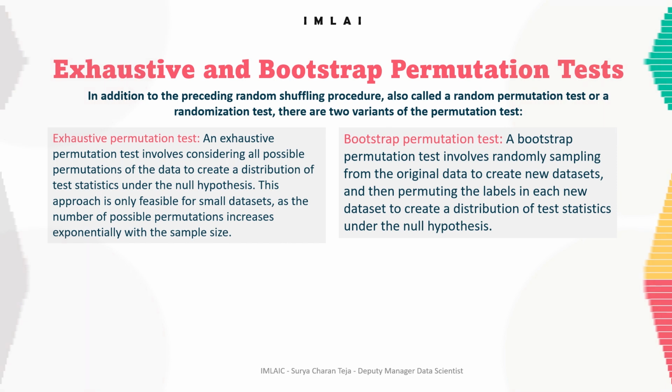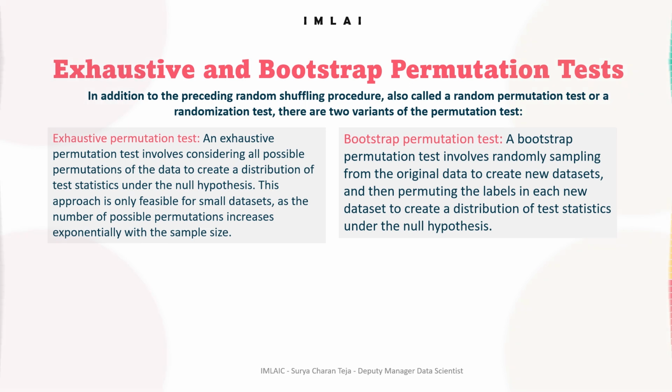This approach is computationally efficient and can be applied to larger data sets but may not provide exact type 1 error control. So if you want guaranteed type 1 error control, you need to go for the exhaustive permutation. If you are not much worried about the type 1 error control, you can go for the bootstrap permutation.